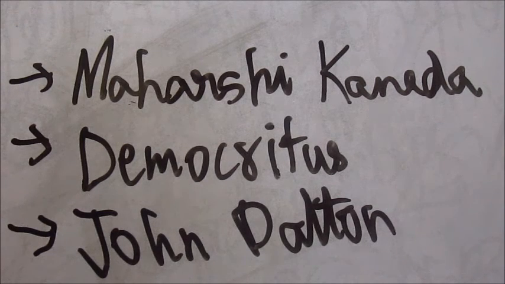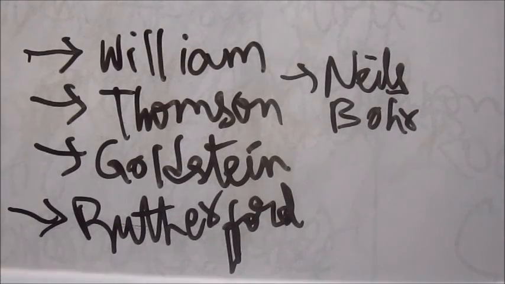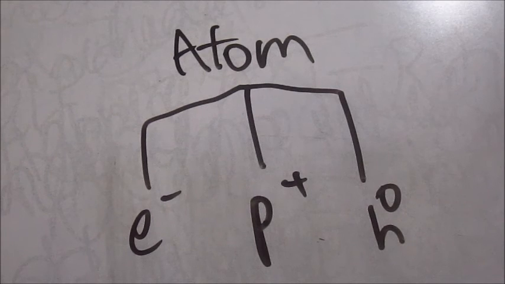John Dalton in 1808 published the Theory of Atom, assuming that atoms are the ultimate indivisible particles of matter. Later, the works of William Crookes 1878, J.J. Thomson 1897, and Goldstein proved that the atom of any element contains smaller particles which are either positively charged or negatively charged. Works of Rutherford and Niels Bohr confirm that an atom consists of three subatomic particles, electrons, protons, and neutrons, respectively.